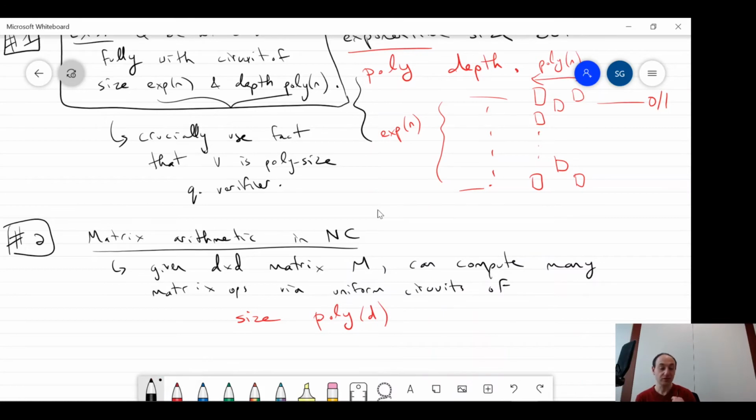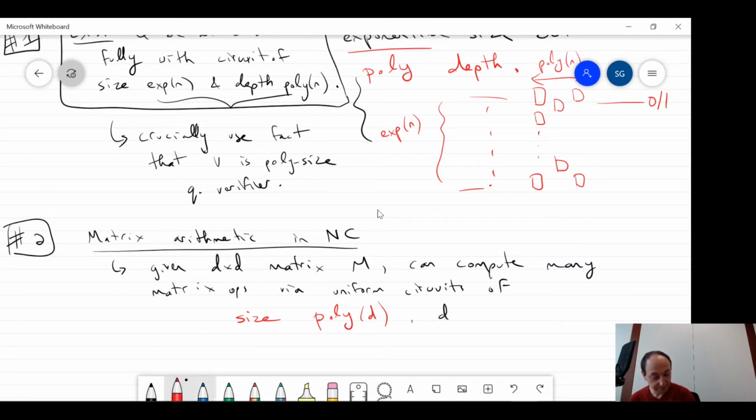For us, our dimension was exponential, and that's why the size you get here will be exponential as well. But in general, the dimension could be polynomial, and then the full size of the circuit would also be polynomial.